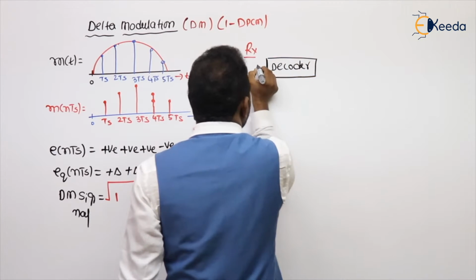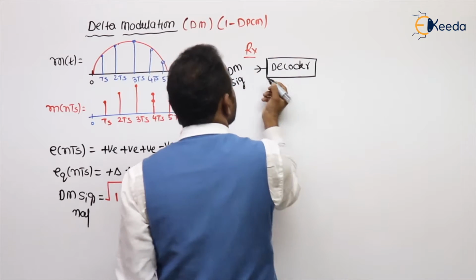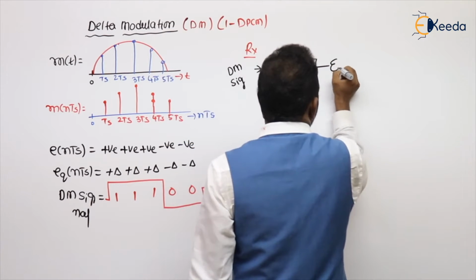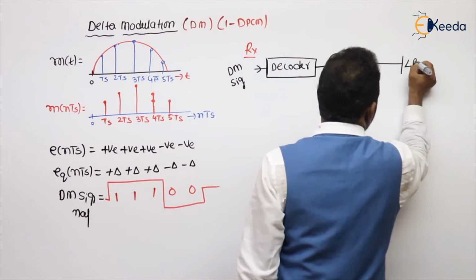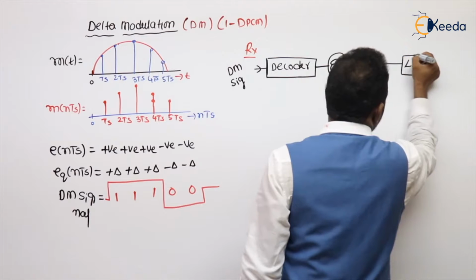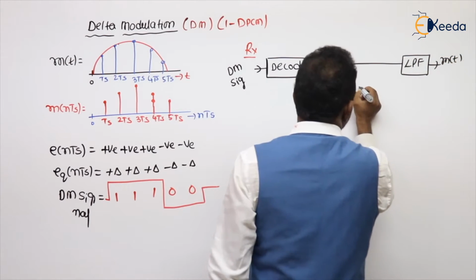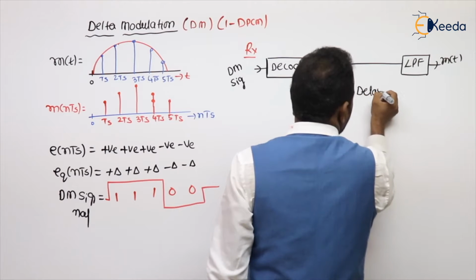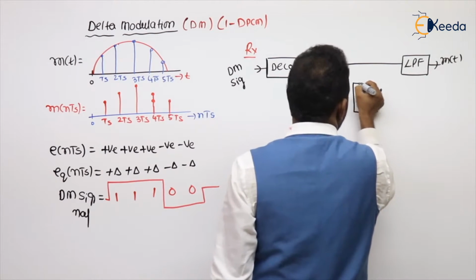What is the input of the decoder? The generated DM signal. Next we have the summer. Its output is given to the low pass filter, which will reconstruct m of t back. Here also we have a delay, delayed by 1 bit. Here Tb and Ts are all the same.